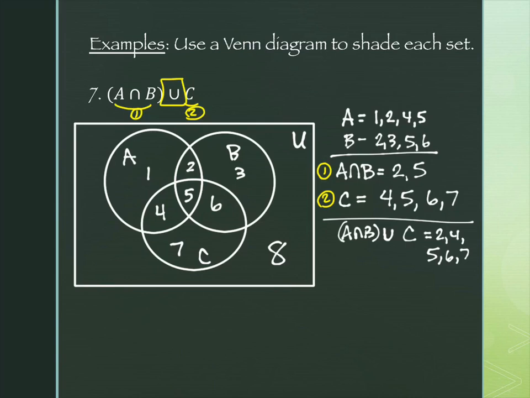So what do I do with that information? I go back and I shade my diagram. So we're going to shade the part of 2, the part that's 4, the part that's 5, 6, and 7.